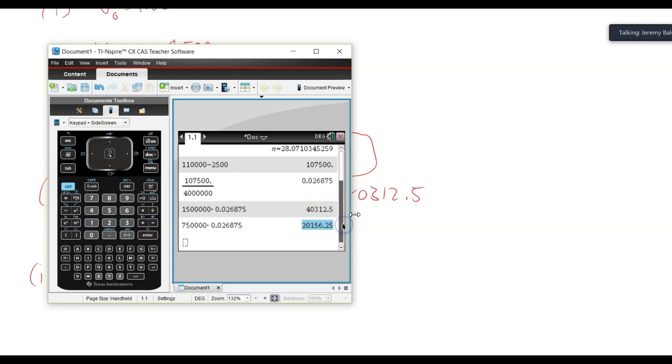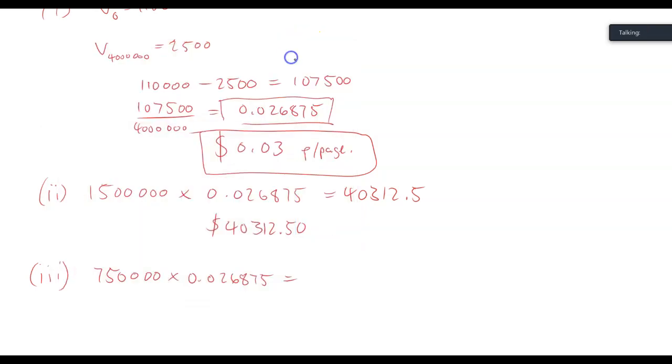Okay, so that's looking at the annual depreciation there, 20,156.25. Okay, and once again that's in dollars. And this time it's annual depreciation, so you'd say per year.